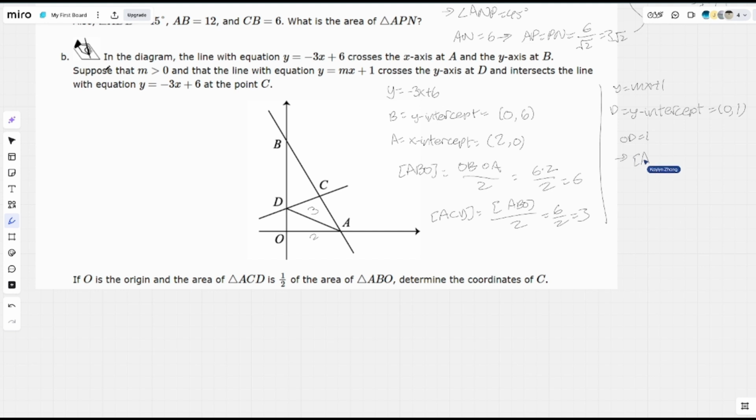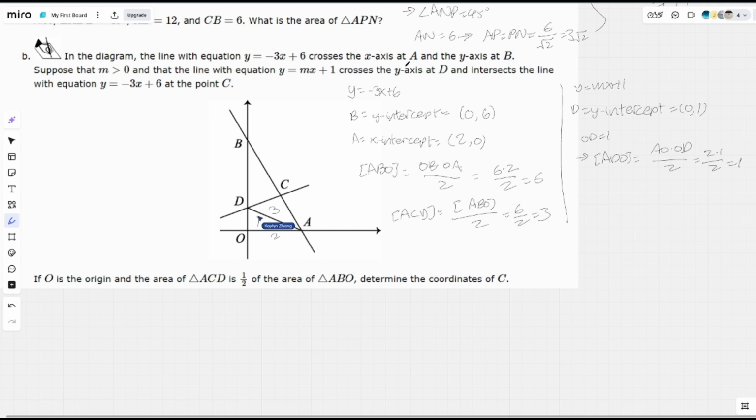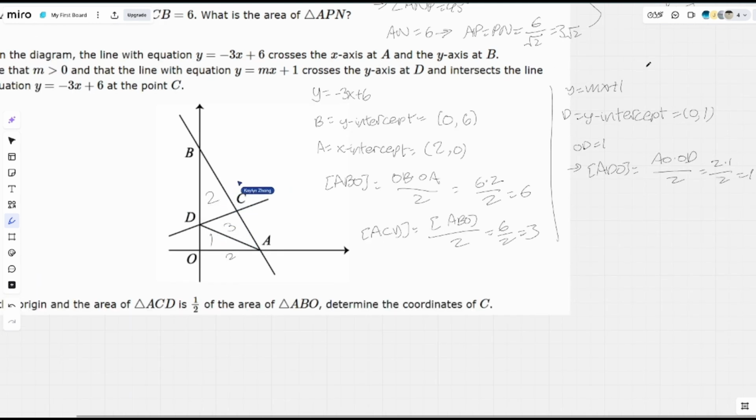So the area of ADO is AO times OD over 2, which is 2 times 1 over 2, which is 1. So now we can label these two areas as well. And we know that the length of DO is 1, and the length of DB is 6 minus 1, which is 5.